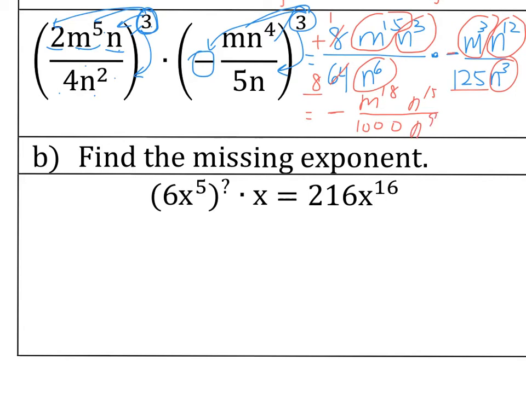But we're not done here. We need to take 15 and subtract 9. So that would be negative m to the 18th power times n to the 6th power all over 1,000.